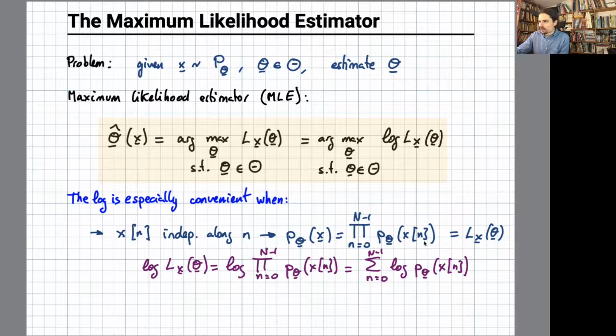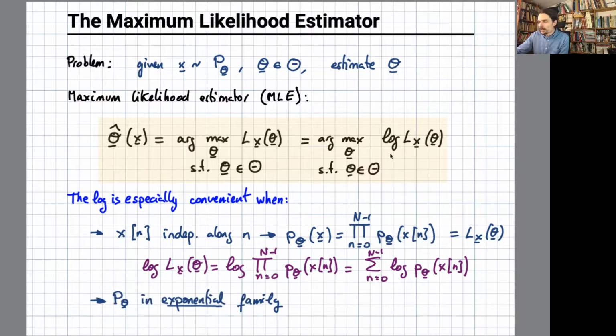And therefore, this is the form of our likelihood function as well. When we take logarithms here, right, this product just becomes a summation, right? And this simplifies the process of finding the maximum meaningfully.